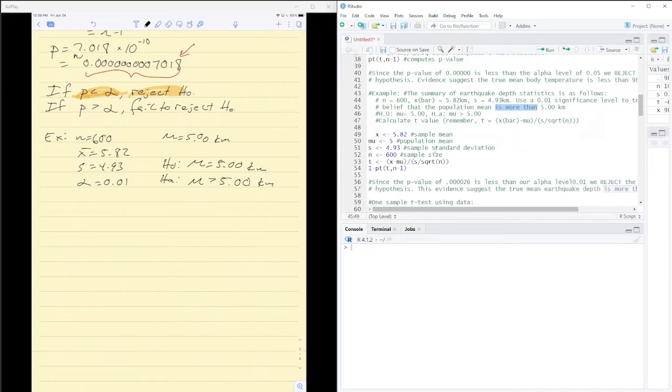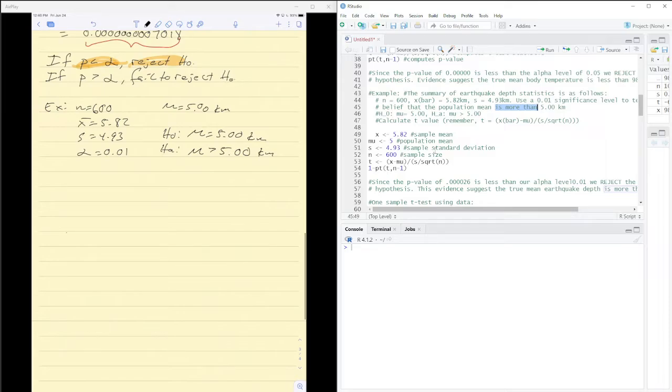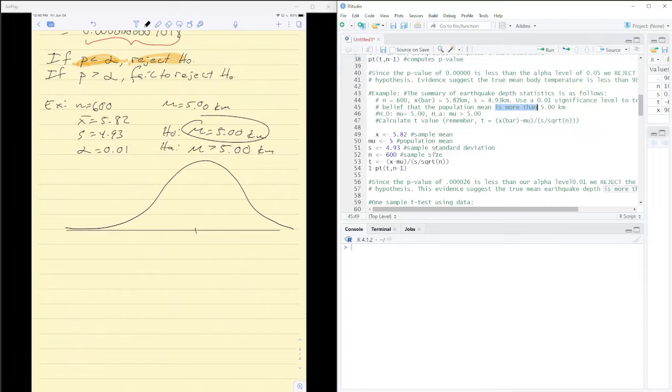To give you a visual again, we have the distribution centered at 5 kilometers, our sample mean is 5.82, and what we care about is finding the probability that it is more than 5.